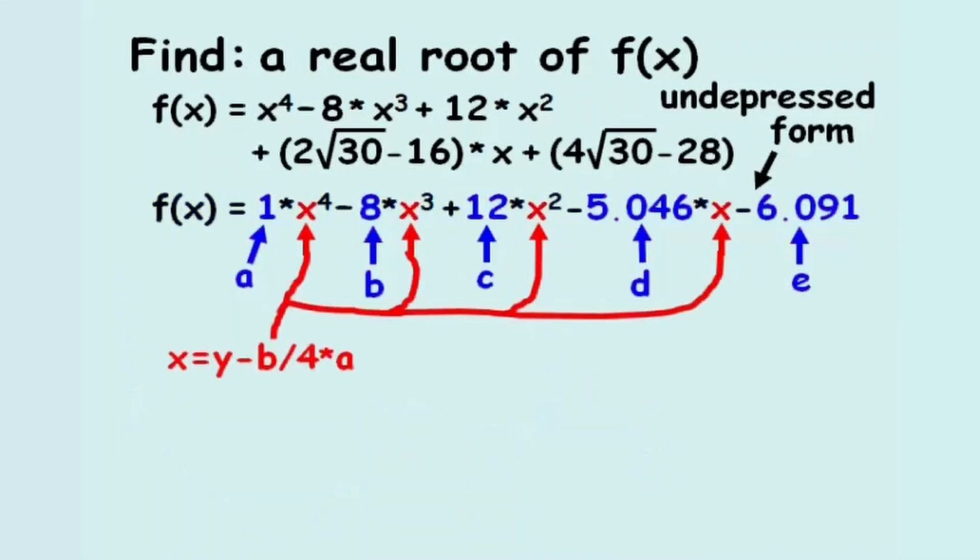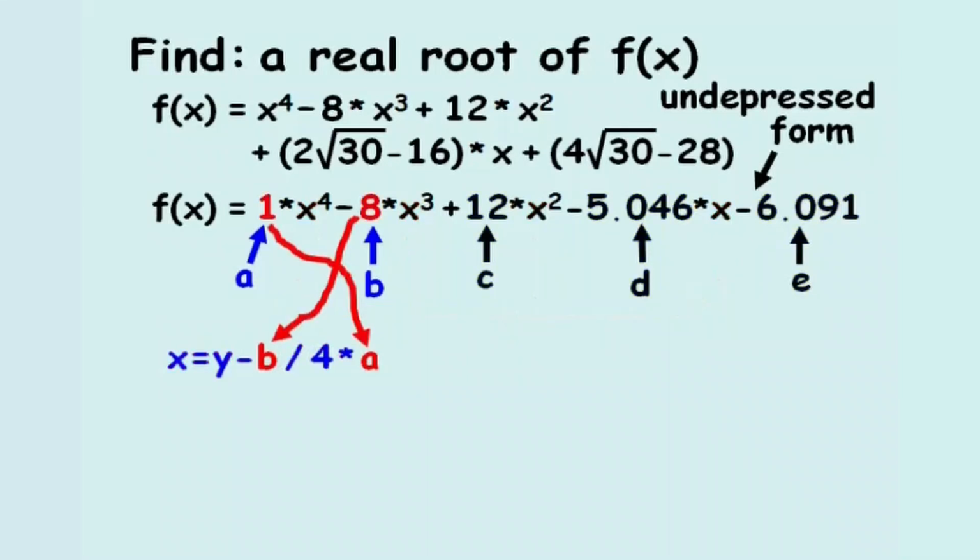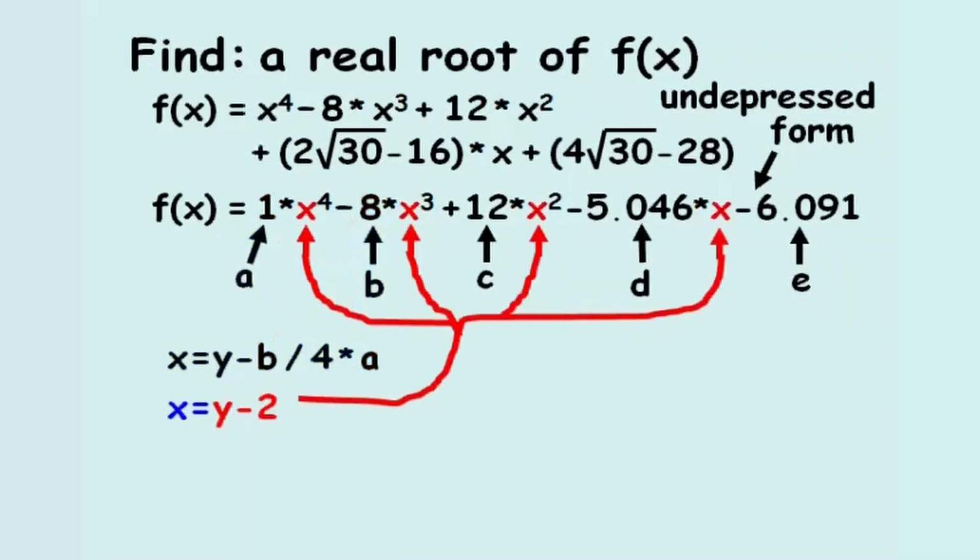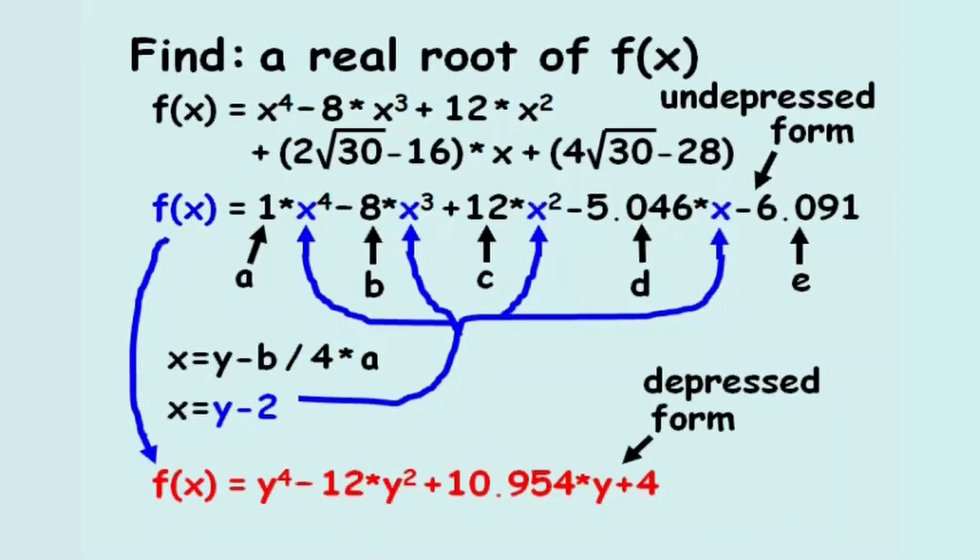Next, we'll substitute y minus b divided by 4a for x. After plugging in 1 for a and 8 for b, we'll substitute in y minus 2 for x. And after simplifying, we have the depressed form of the function f of x, which lacks a cubic term.